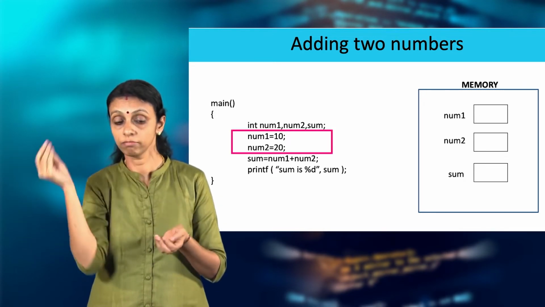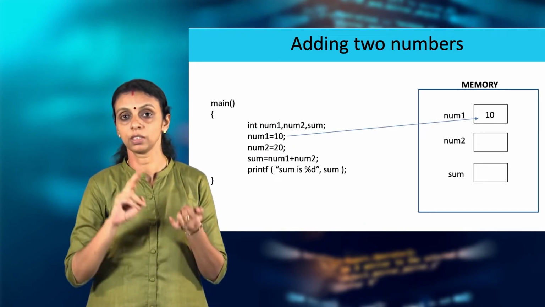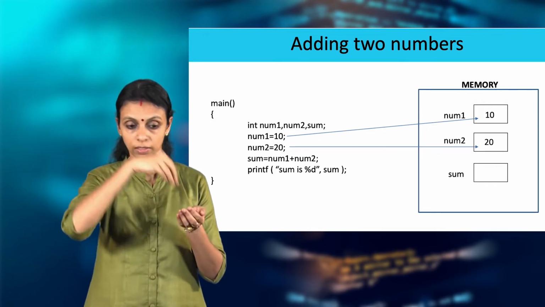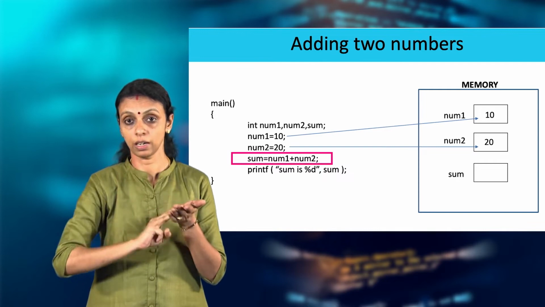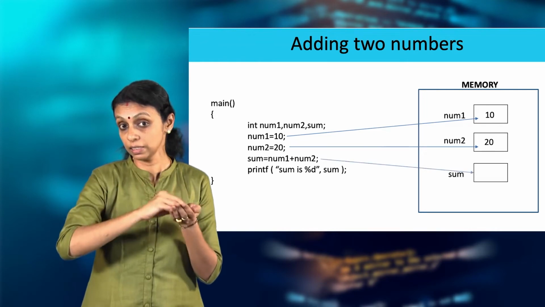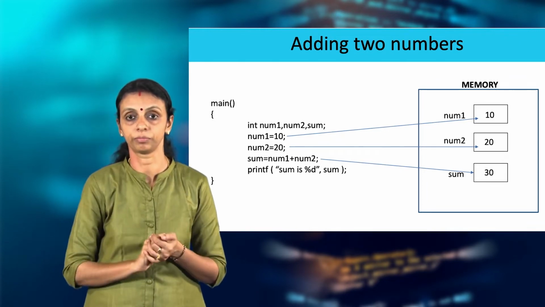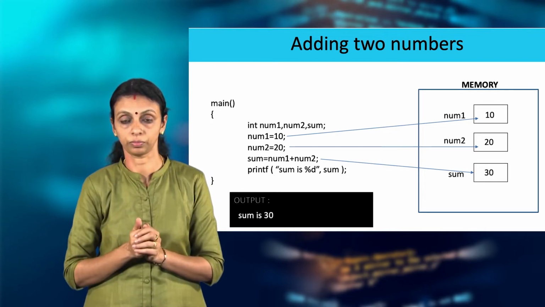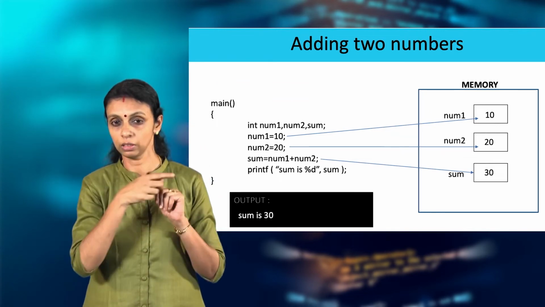This stores 10 in num1, and num2 is equal to 20. This stores 20 in num2. Now, add the contents of memory areas num1 and num2 and store the result in the memory area sum. Next, print the content of the memory area where sum is stored, that is variable sum. Hope you understood this problem.